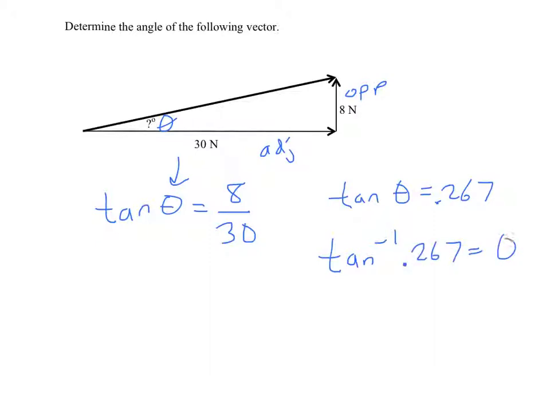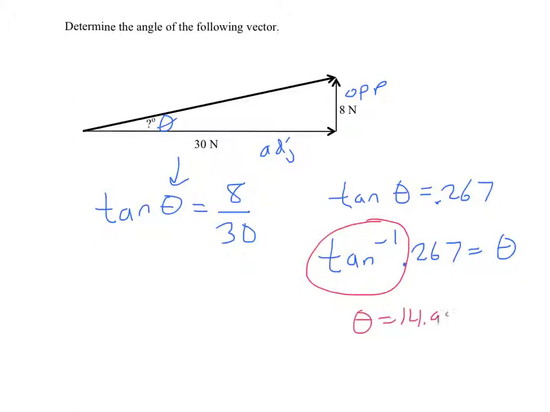If you plug this in, it will tell you the angle. So it basically does this process in reverse for you. This button here, tan inverse, it's usually the same button as tangent, except you have to hit a function key to get it. So if I type tan inverse of 0.267, I get an angle of 14.95 degrees.